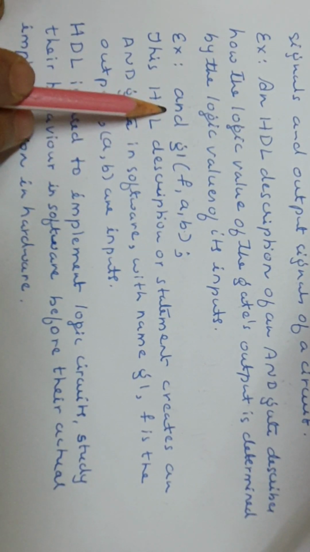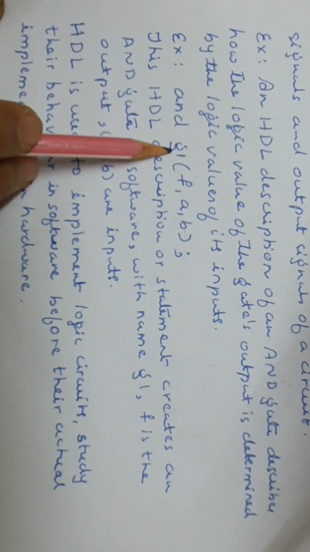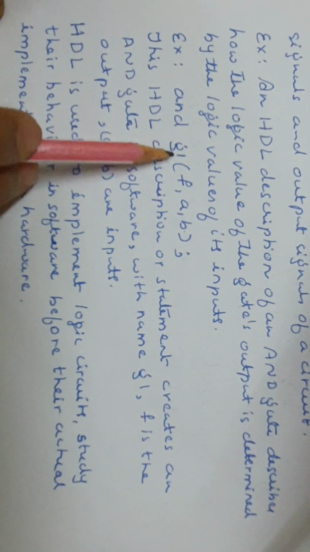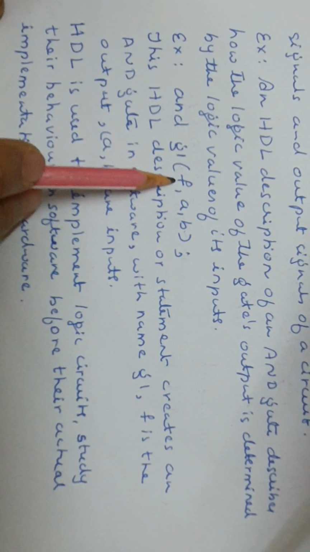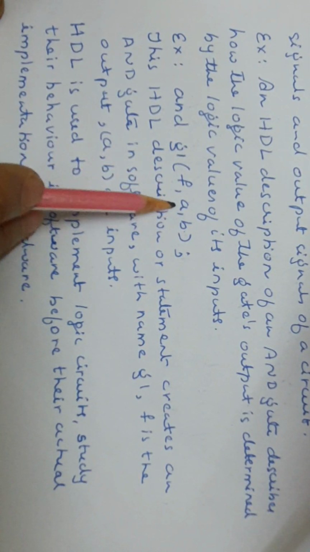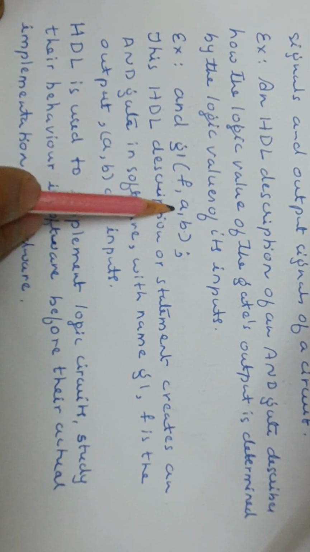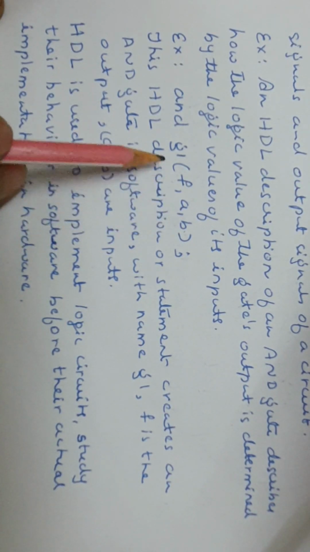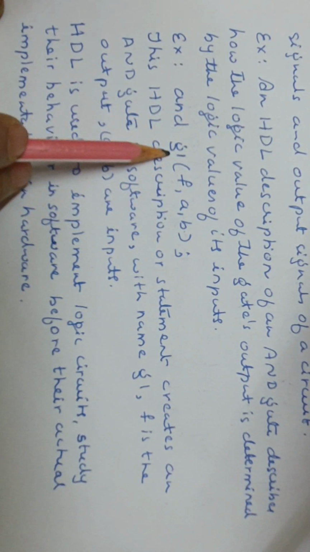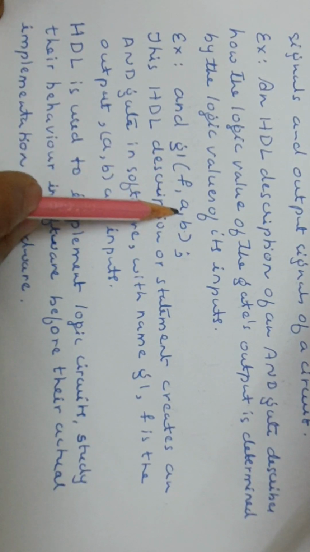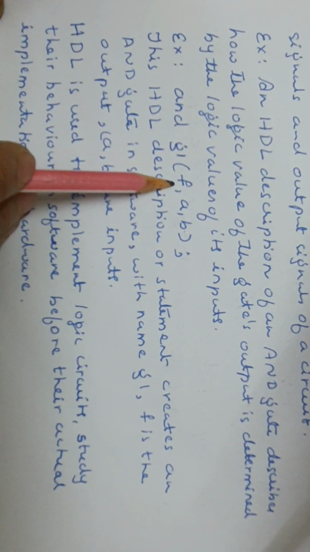This is used to create an AND gate in a Verilog program. G1 is the name of the gate, in brackets, then semicolon. Within the brackets we write F. This is the output. Compulsorily we have to write the output literal here, comma, then A, comma B. A and B are the inputs to the AND gate called G1, and their output is taken into literal F.